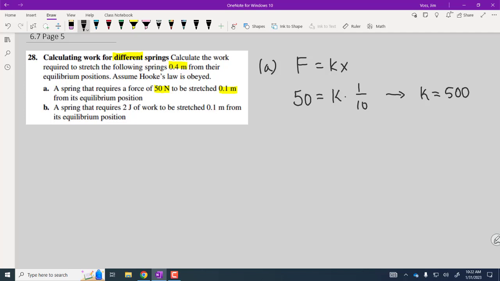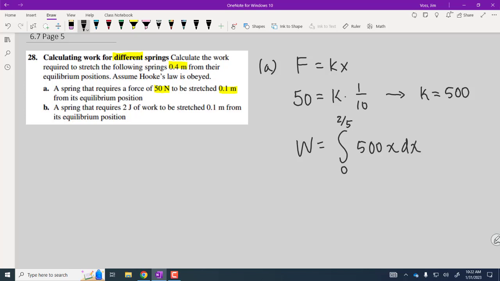So now we go back up here where it says, calculate the work required to stretch the spring 0.4 from equilibrium. So the work is going to be 0 to 0.4, which is 2/5 from equilibrium, and we have a forcing function that's 500x dx.